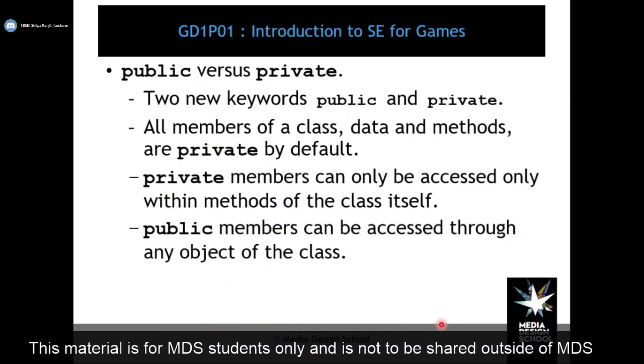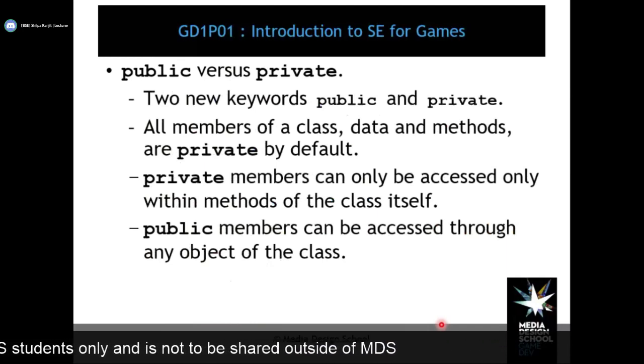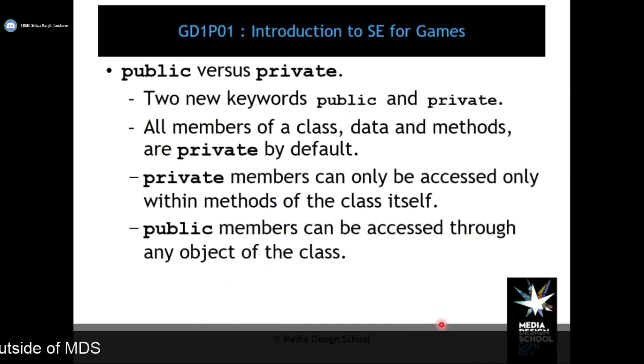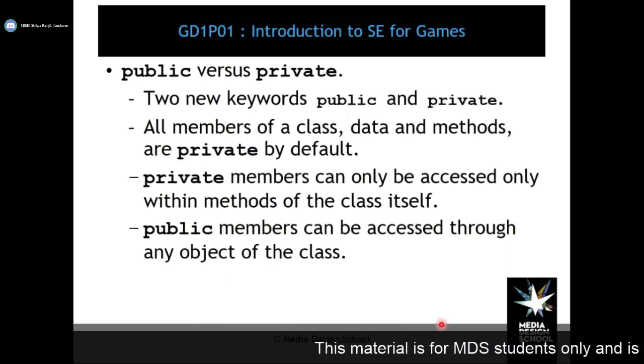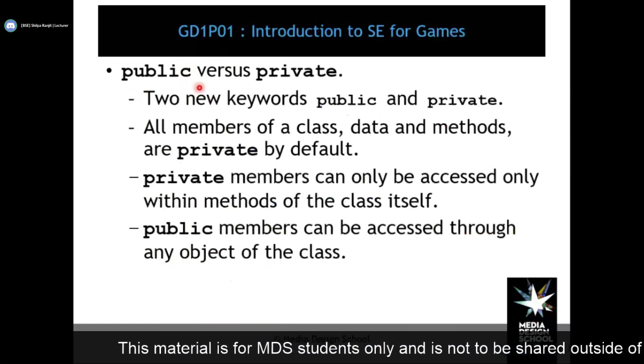So if that is clear, let's go to another concept that is about access specifiers. What we mean by access specifiers is we are allowed to give access permissions to the different members of your class. Two of the different types are public and private.